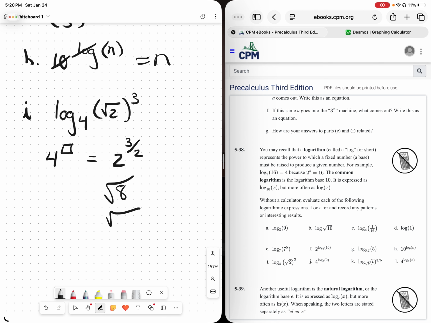Well, that's the square root of 4 times 2, or 2 times the square root of 2, right? So looking at this, how could I get there? Okay, well, obviously I need a square root, but I also need a 2 inside, right? So what's going to get me to that number? How could I make this a 4?